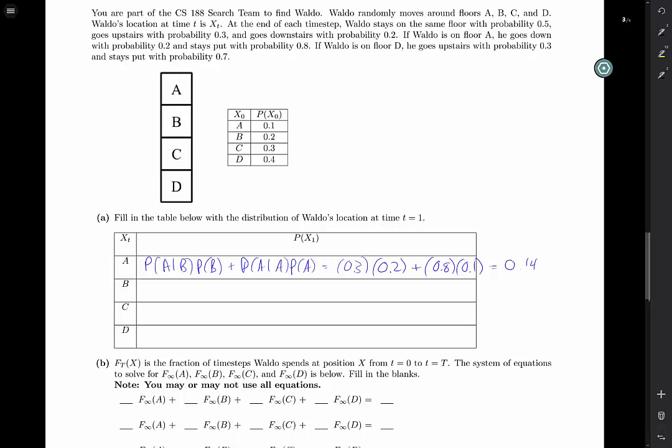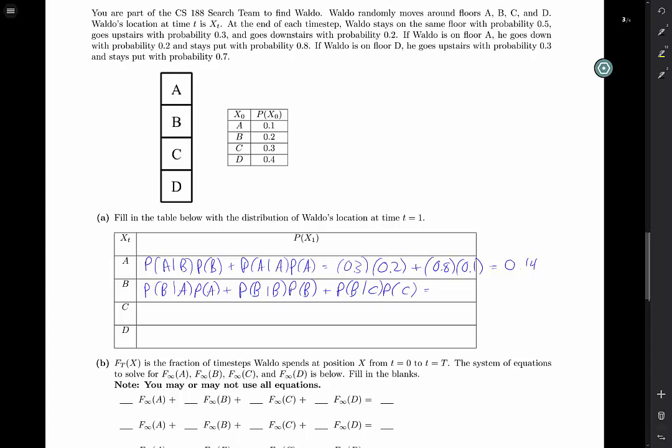So now we're going to do the same thing. What's the probability we're in B at x1? Well, it's the probability we end up in B given we were in A, times the probability we were already in A, plus the probability we were in B and stayed there times the probability we were already in B, plus the probability we got to B from C times the probability that we were in C at the previous time step x0.